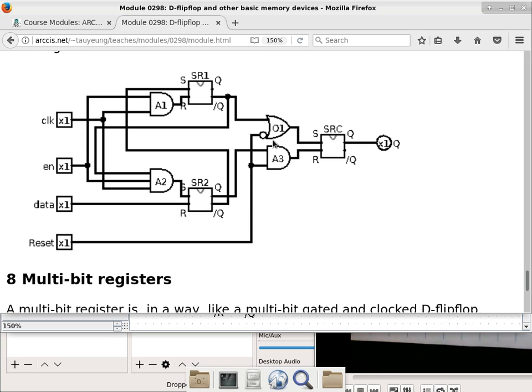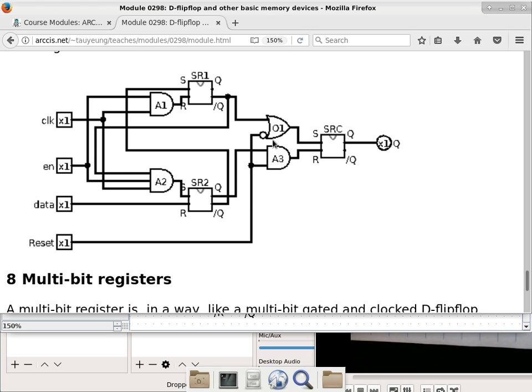What if reset is a 1, which is usually the case? Then the 2 additional gates do not do a single thing. When reset is high, A3 is going to have blah blah blah and 1, which just maintains that blah blah blah, because 1 is the identity of conjunction. So no change to the original circuit from before. When reset is a 1, what is it going to do to O1, the OR gate?